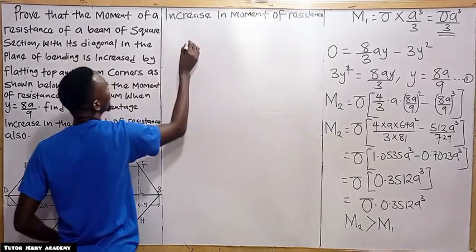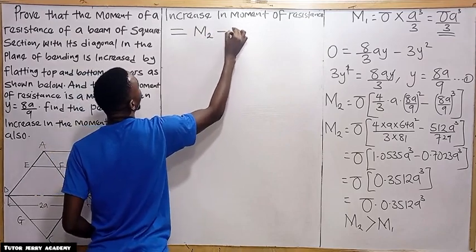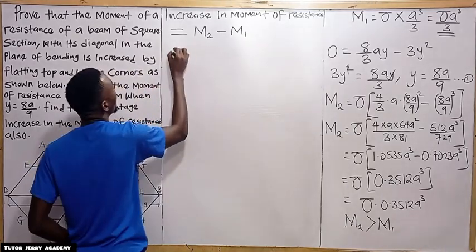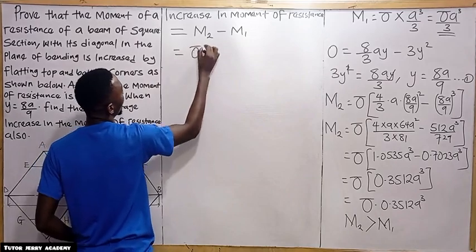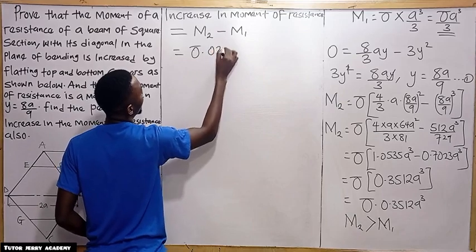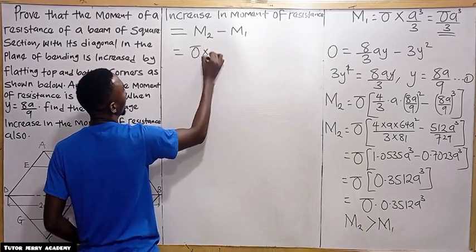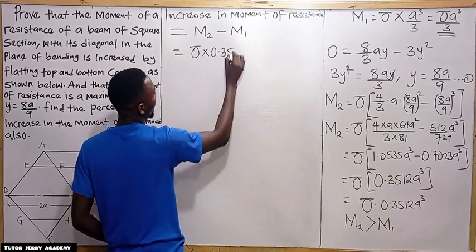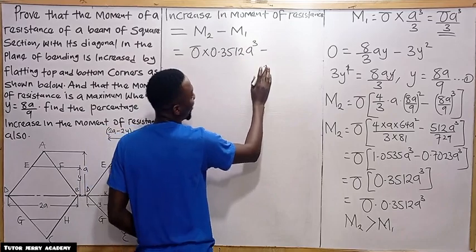So this is going to be equal to M2 minus M1. What is our M2? That is stress multiplied by 0.3512 a to the power of 3 minus M1.